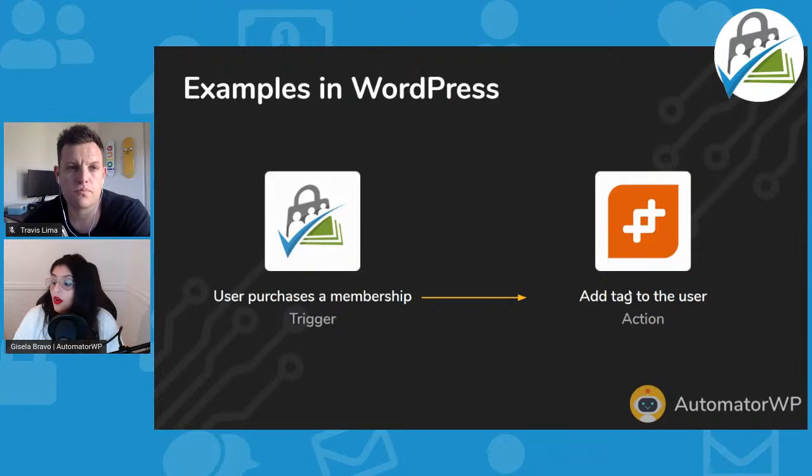For example, when we have a customer in our membership site through Paid Memberships Pro, we can tag this user as customer, for example, in our ActiveCampaign account, or Salesforce, or any CRM that we have. For me, this is one of the best integrations that we can do in our membership site.